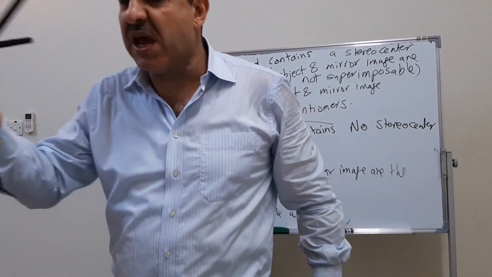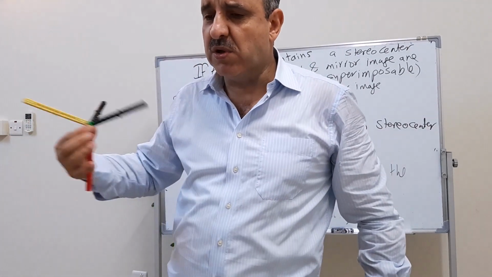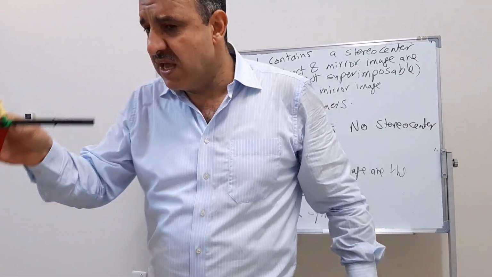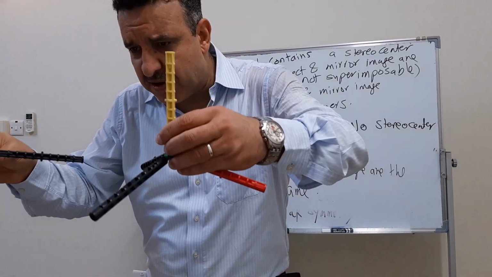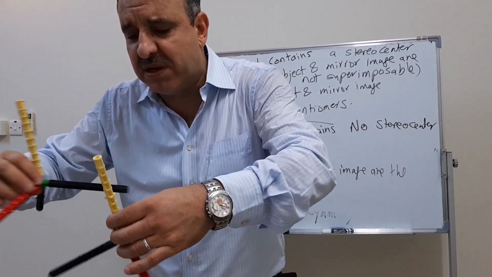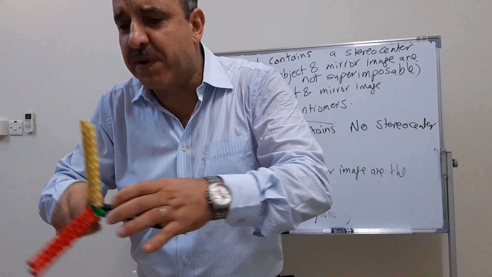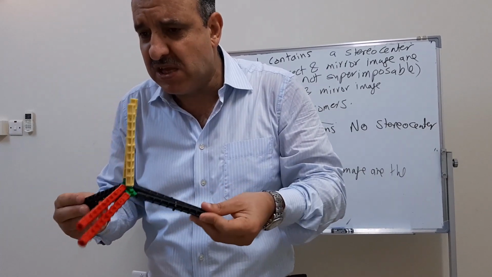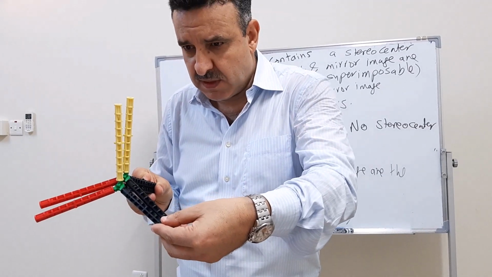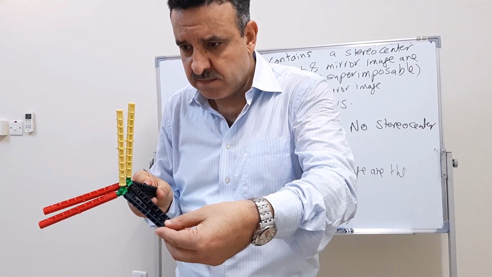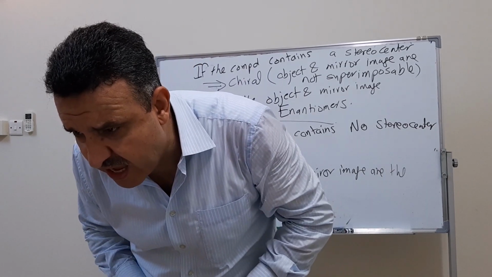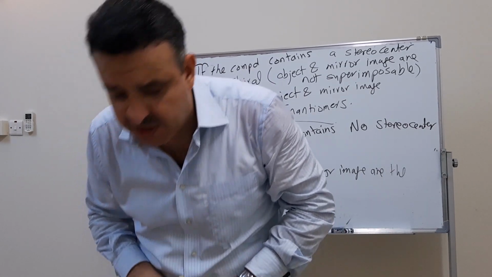It does not have the chirality property. What does that mean? It means this object and its mirror image are superimposable into each other, which means they are identical. They are the same object. Do you follow me? Is that clear? This is the meaning of an achiral molecule.